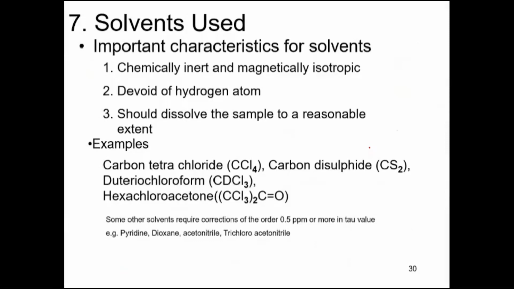In all of them except pyridine, if hydrogen is present, you are supposed to replace it with deuterium. And all these solvents are not magnetically isotropic. That's why you need to make that correction in the tau or delta value.